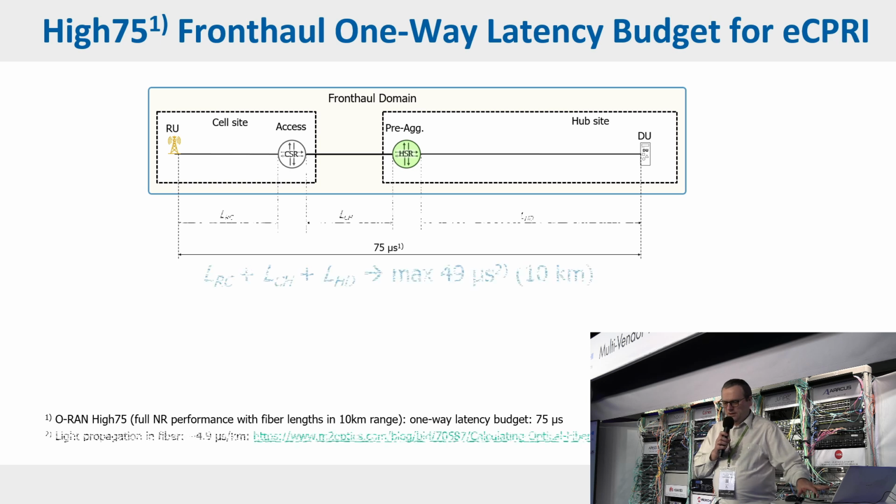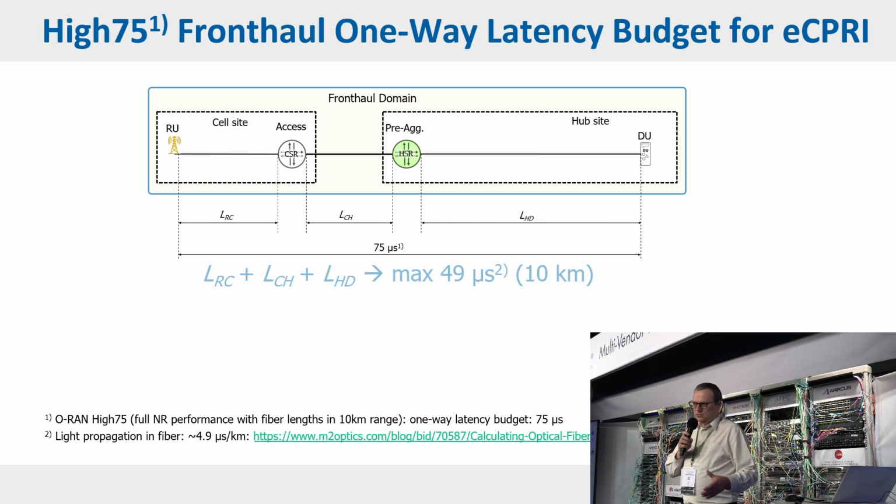First of all, what does this 10 kilometers mean? We could have fiber between the RU and the first router, the cell-side router, and the second router is the hub-side router, or pre-aggregation router, to the DU. So these three segments of fiber are maximum 10 kilometers. One kilometer of fiber is approximately 5 microseconds, more exactly 4.9 microseconds.